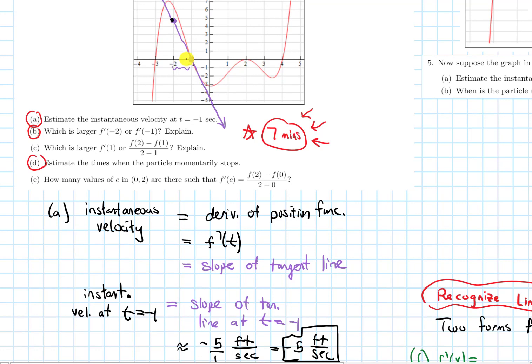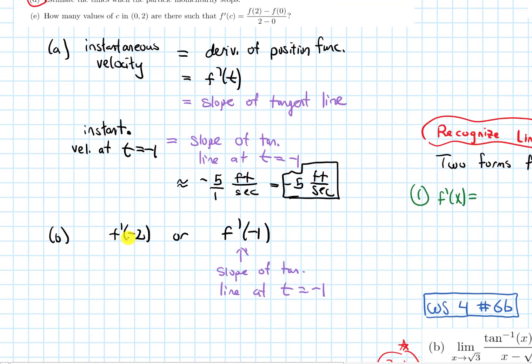We've already drawn that one. So let's talk about this other one, f prime of -2. This is going to be the slope of the tangent line at t equals -2.